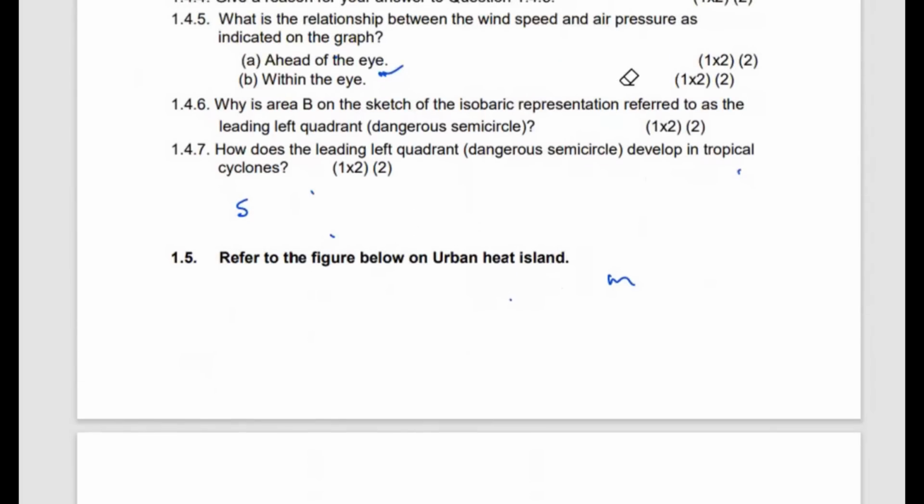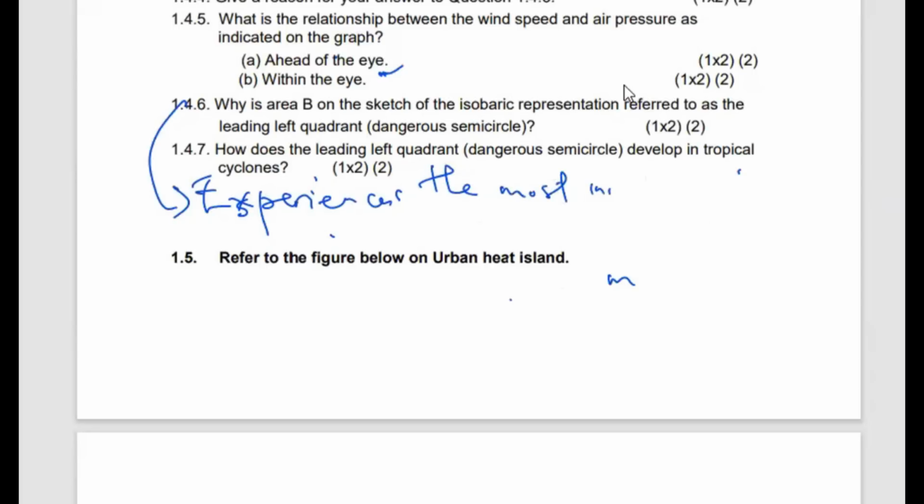Right, so this area experiences the most intense weather conditions.